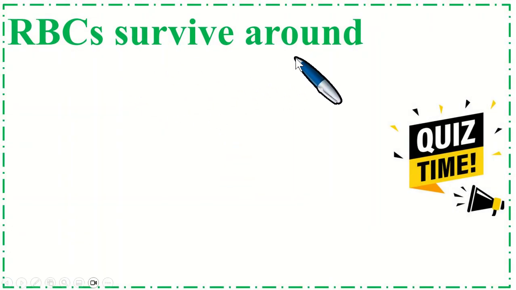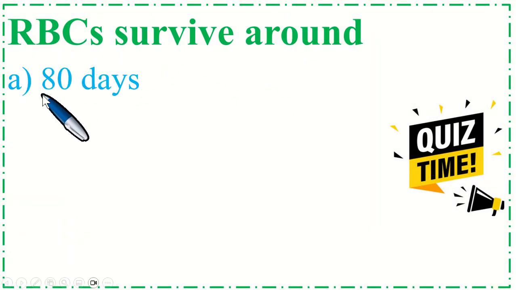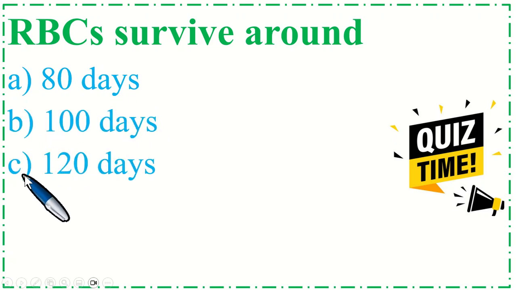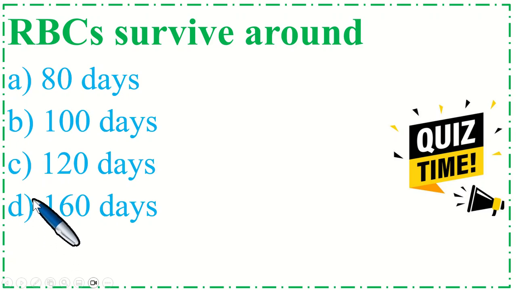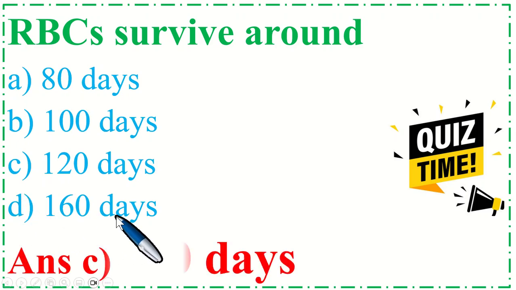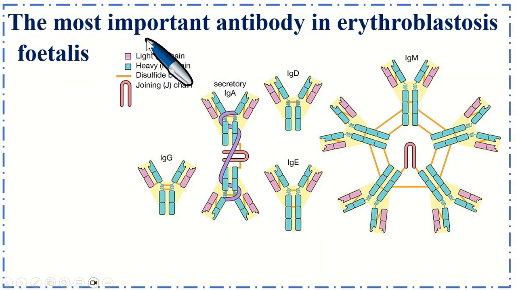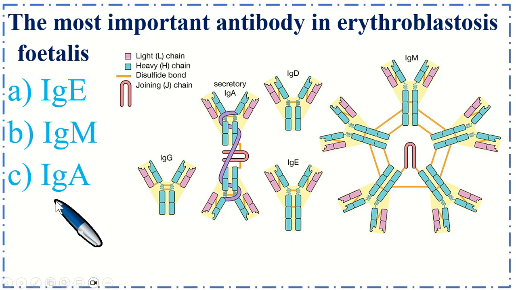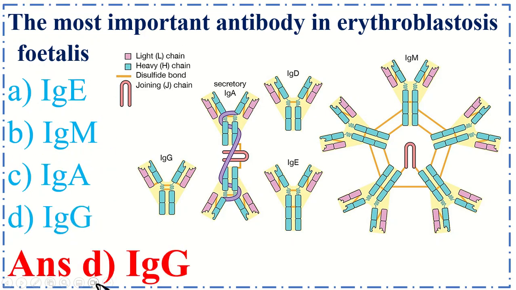RBCs survive around option A 80 days, B 100 days, C 120 days, option D 160 days. Correct option is C 120 days. The most important antibody in erythroblastosis fetalis is option A IgE, B IgM, C IgA, D IgG. Correct option is D IgG.